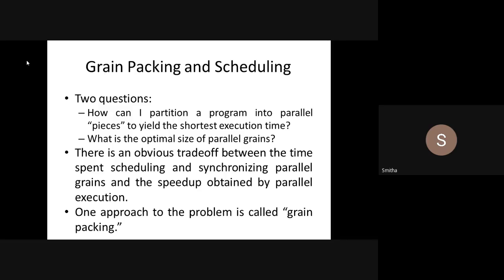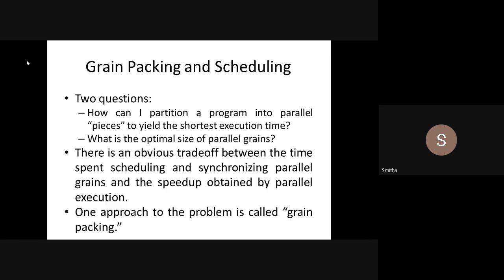We have to find the answers first. Our final objective is to get the shortest execution time. That is our motto, that is our objective.